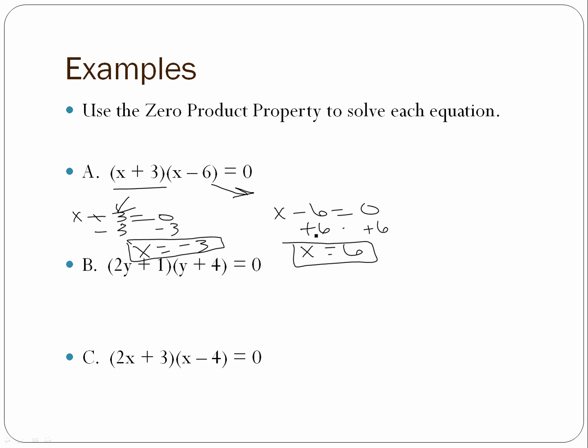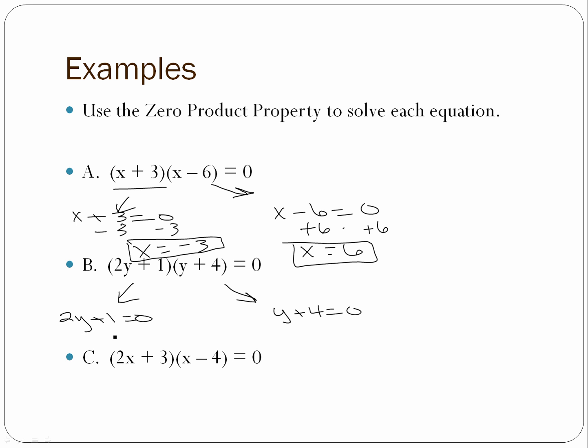Again, with quadratics, we could have one answer, two answers, or no answers. So it's okay if we have two different answers here. For the second problem, again, I'm going to set each binomial equal to 0. So we'll take the 2y plus 1, set it equal to 0. And on the other side, let's take y plus 4 and set it equal to 0. We'll solve separately, and we'll see if we have two answers.